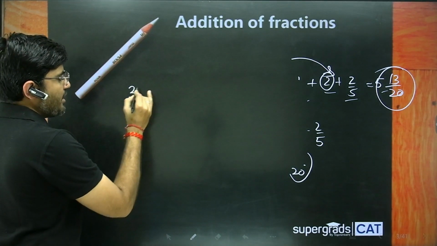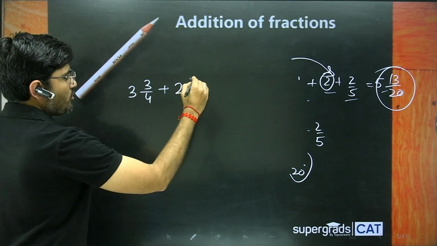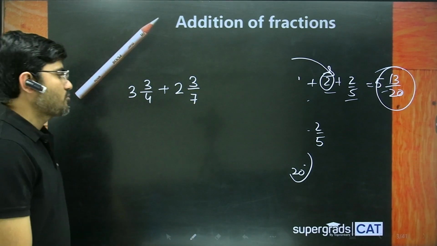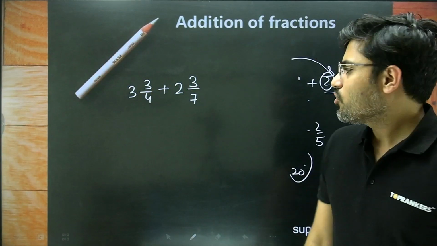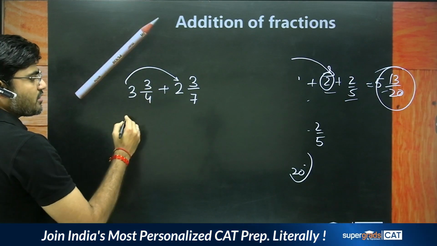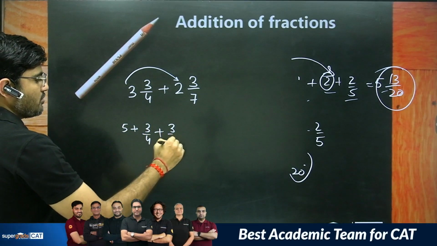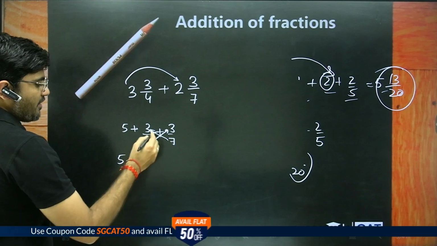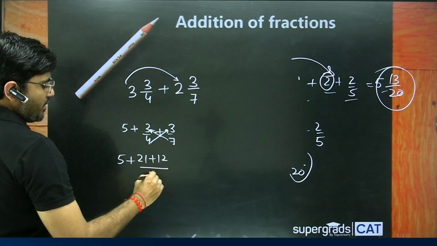Suppose it is 3 by 4 plus 2, 3 by 7. So we can do the same thing: we can add 3 plus 2 first, which is nothing but 5, plus 3 by 4 plus 3 by 7. 7 will be multiplied here, 4 will be multiplied here, so it will be nothing but 5 plus 7 into 3 is 21 plus 4 into 3 is 12 upon 28.